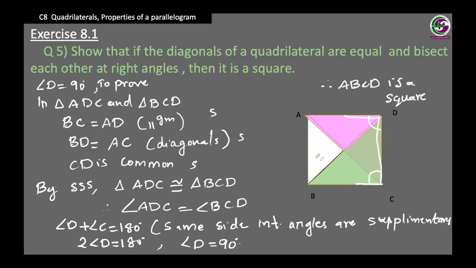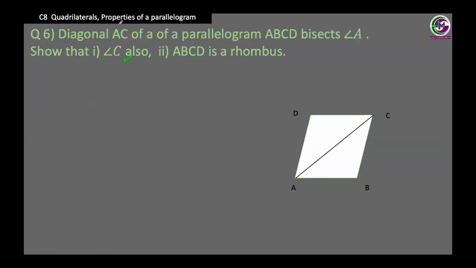Then we have to show that adjacent sides are equal by taking two adjacent triangles, so we will get two sides equal. And finally, we have to show that at least one of the angles is 90 degrees, then the whole ABCD will be a square. So let us see the next question.